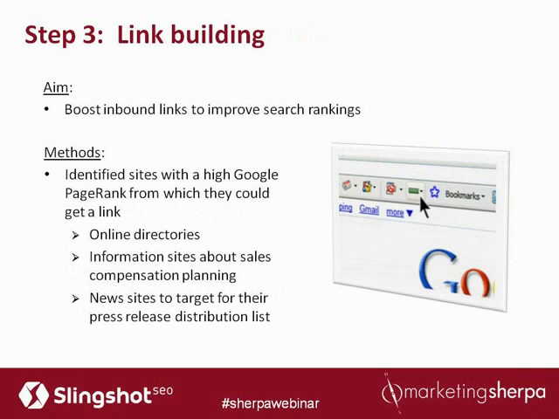After identifying links to competitor sites with a high page rank in Google, they sought out these sites from which they could also get a link to their own website. Now, sites they targeted included online directories, information sites about sales compensation planning, and even news sites to target for their press release distribution.